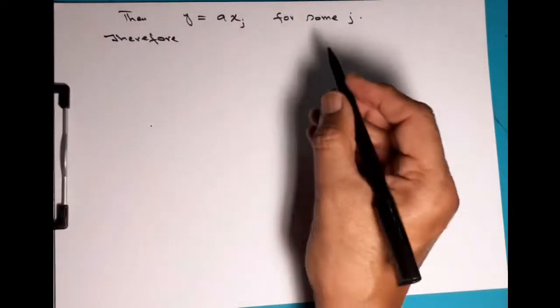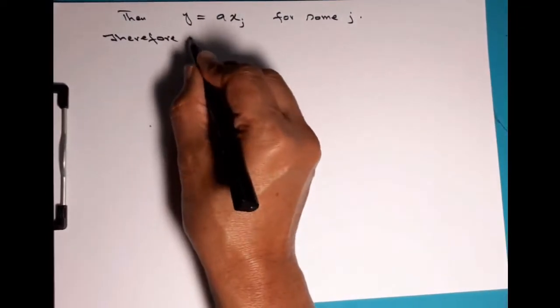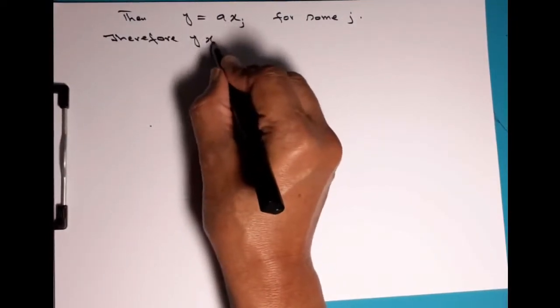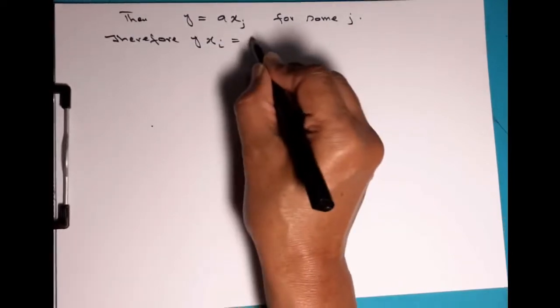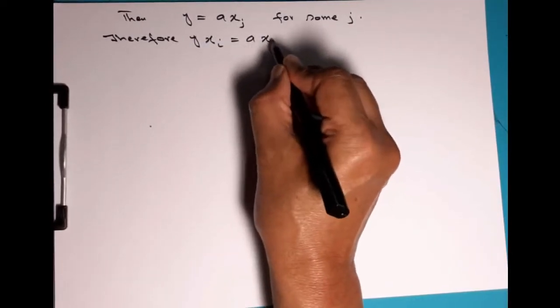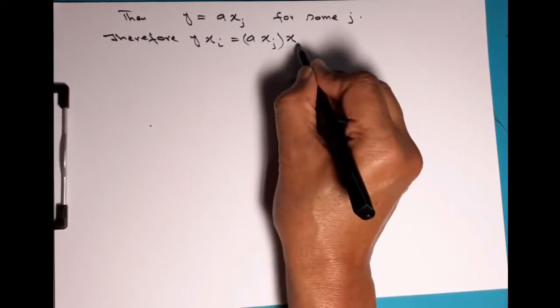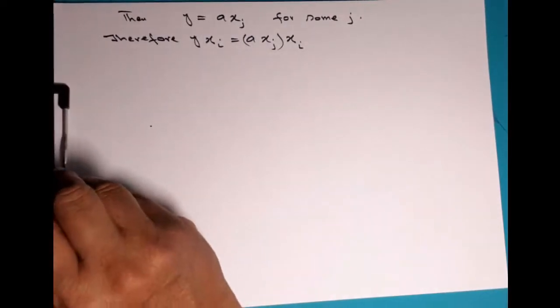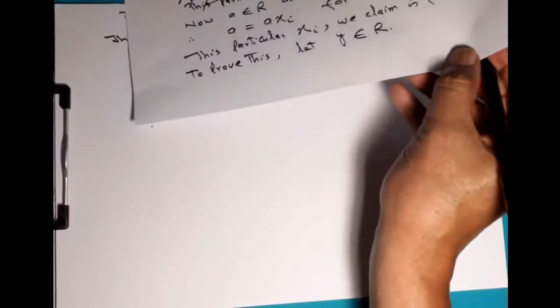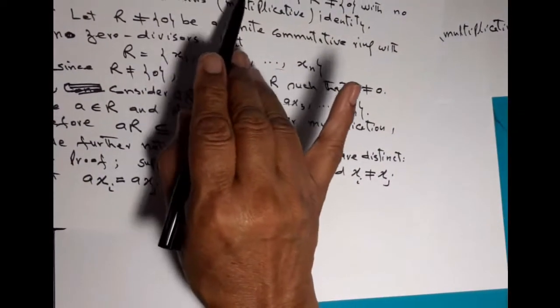So we multiply y with xi. Therefore, y multiplied with xi is equal to axj multiplied with xi. Just note that we are dealing with a commutative ring, so multiplication is commutative.